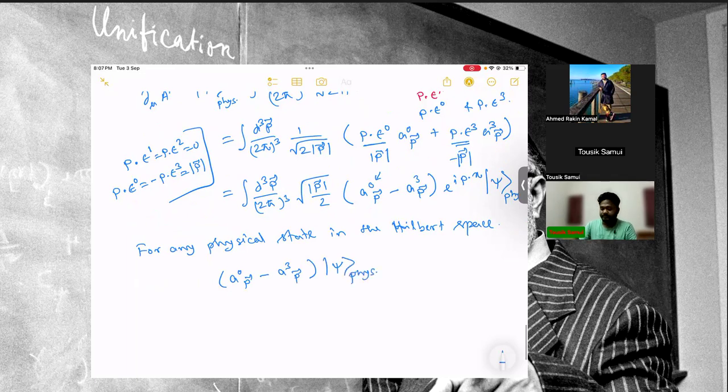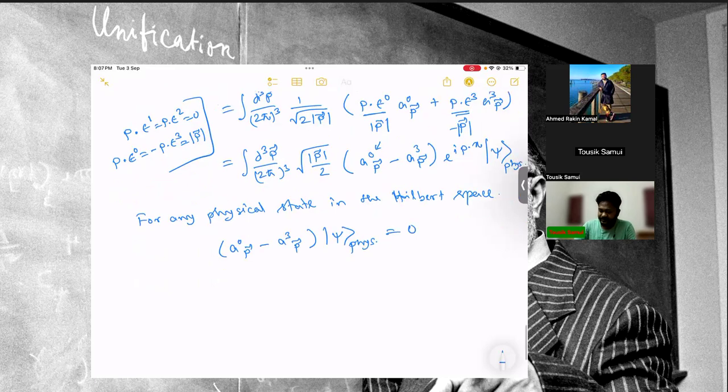If it is a physical state, then we have this condition. This immediately tells us that we have a time-like component and a longitudinal component, and our physical states are only those states which have exactly equal numbers of longitudinal and time-like components.